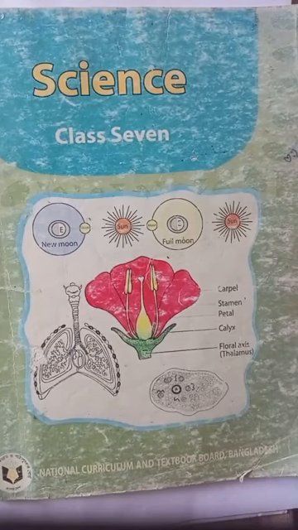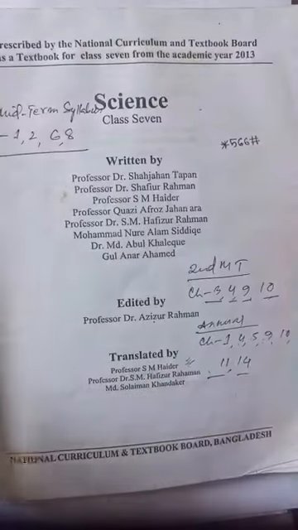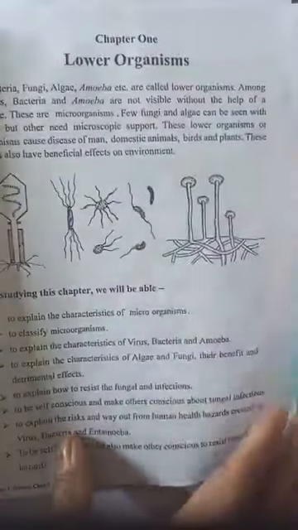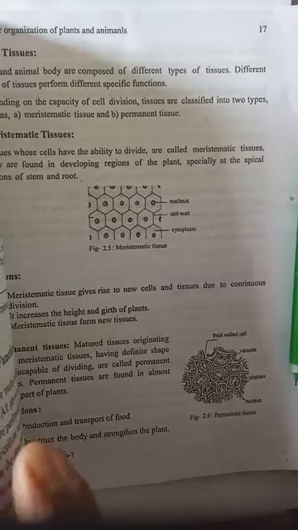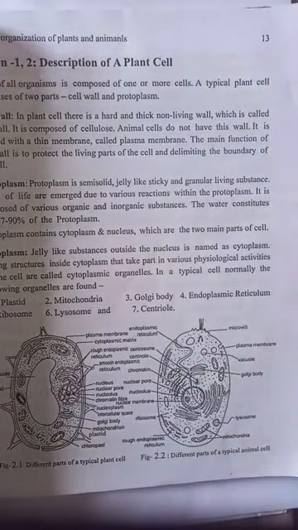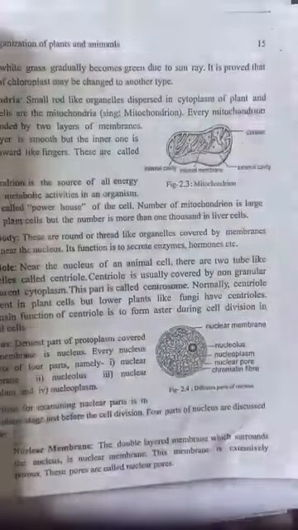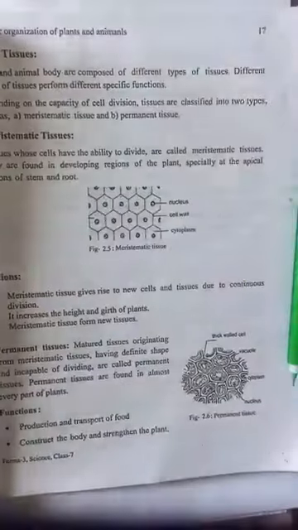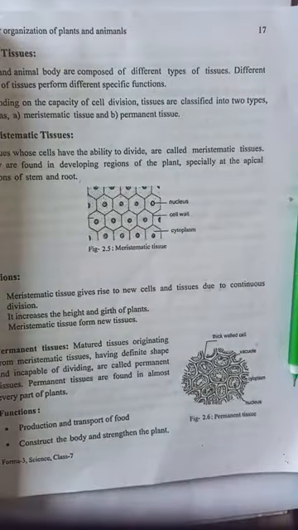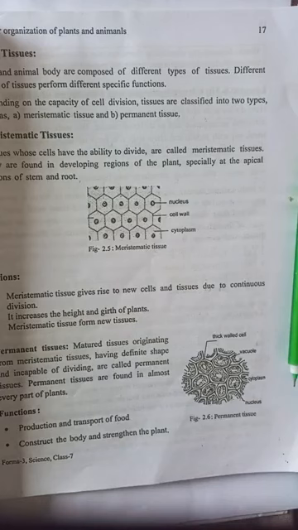Today I am going to continue chapter 2, Cellular Organization of Plants and Animals. I have completed lessons 3 and 5. Now we will continue from lesson 6 to 7.